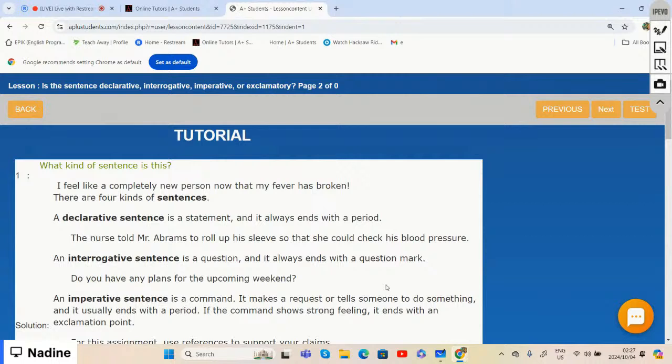Is that a declarative sentence, interrogative, imperative, or exclamatory sentence? So that ends with an exclamation point.